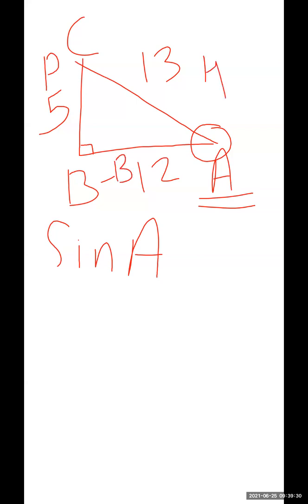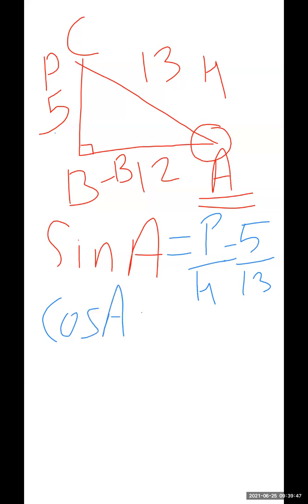Is this clear to you all? Yes, miss. So what is the formula for sin A? P/H. So value of P is 5 and value of H is 13. Clear? Yes, miss. Okay. Similarly, you find for cos A. So what is the formula for cos A? B/H. So how much is B? 12, and how much is H? 13.